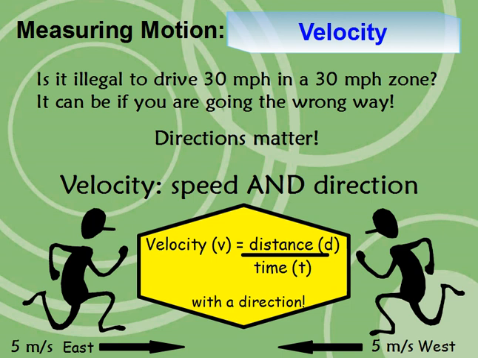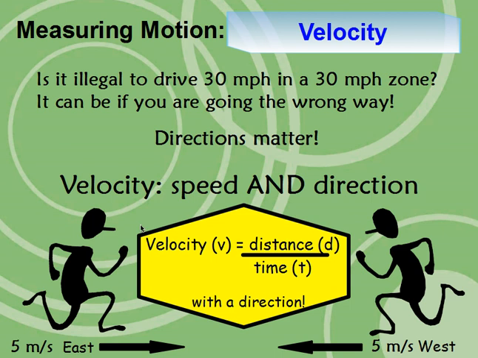So when I ask you what is the speed of the car, you can just give me a number, 30 miles per hour. However, if I ask you for the velocity of the car, I also need the direction. So is it illegal to drive 30 miles per hour in a 30 mile per hour zone? It can be if you're going the wrong way. So the direction here matters. So speed and direction is velocity.